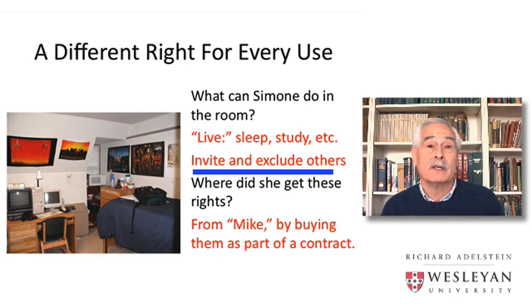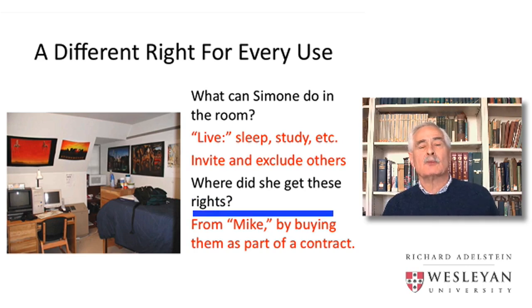By the same token, since she has the right to invite people to come in, she also has what the older theorists would call the right of possession, which means that she doesn't have to let anybody in that she doesn't want to let in. That is, because she controls that use of the room, entry into it for the purposes of studying, etc., she can invite some people in, and she can exclude other people by simply not inviting them in and closing the door on them.